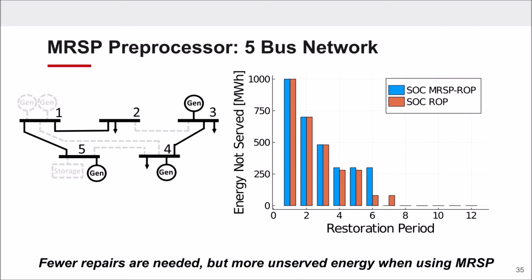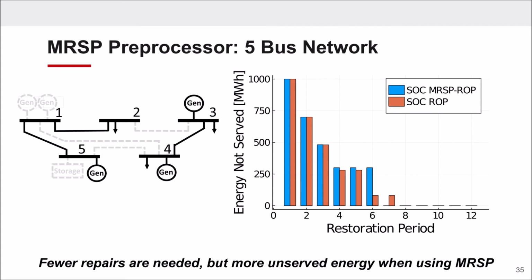What you can see here is that initially this has the same amount of unserved energy going on, but then there's a little bit more total unserved energy. However, it does fully restore power after 6 repairs instead of 7 without that pre-processing step. So it's kind of this trade-off here: it selected fewer total repairs that were needed, but it did have more total unserved energy because that pre-processing step doesn't consider the ordering of these combinations of repairs that might result in a small amount of unserved energy total.